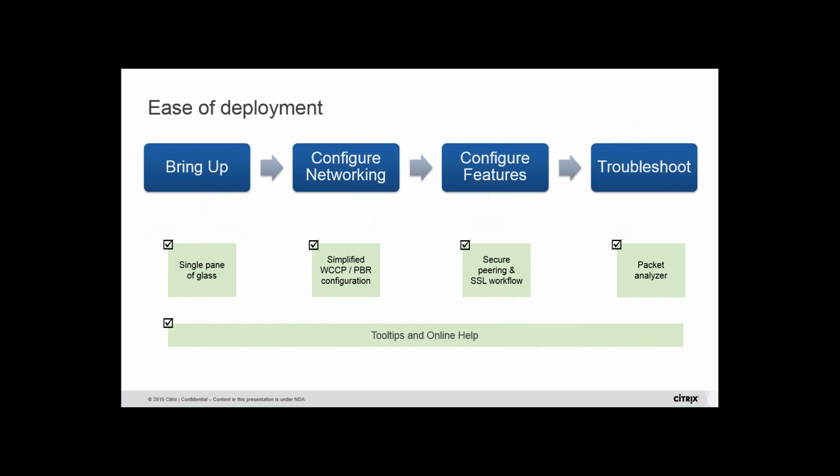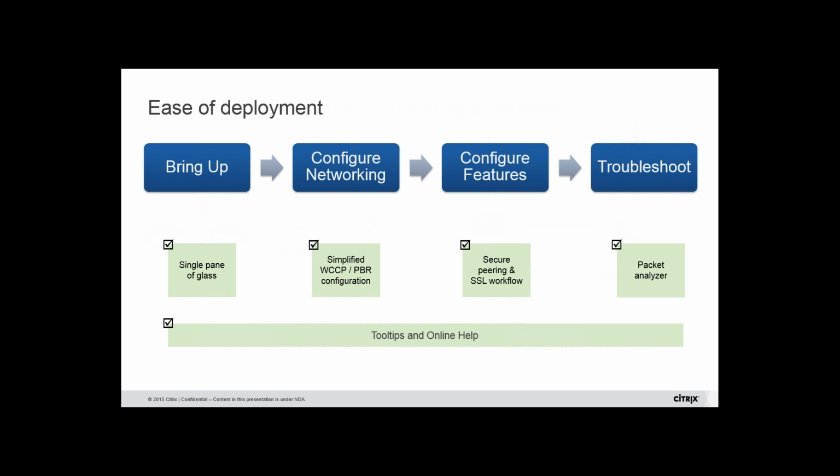Second example which I've picked up here is for configuring networking parameters, and this is something which you do for some of the advanced deployment modes. We have picked up the configuration steps and made them as simple as possible by either eliminating some of the sub steps or streamlining them in a wizard-like workflow.